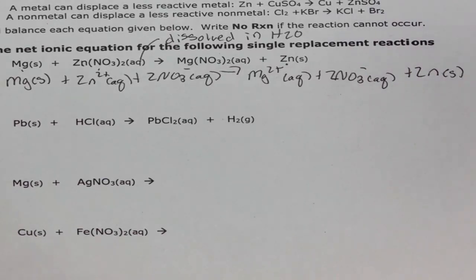Now, we are going to go through here and we are going to pull out the spectator ion. What is a spectator ion? A spectator ion is an ion that is present in the solution, but it's not involved in the actual reaction. So if you go to a football game and you're up in the stands cheering on our team on a Friday night home game, does our team score a touchdown because you were in the stands cheering?